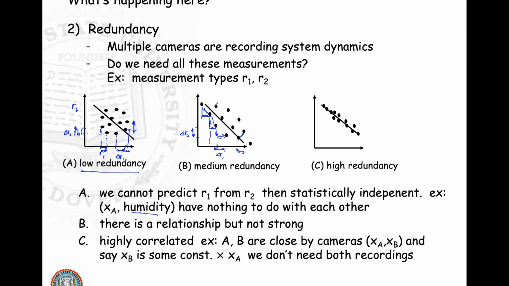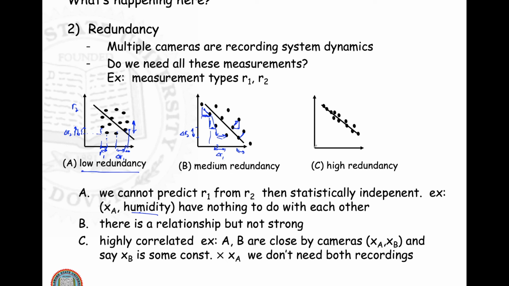But we also have here a little bit of a violation of that. We have an increase in R1 leads to an increase in R2. So we have a relationship, but it's not strong. Some of the time that relationship persists, but not all the time. So that's medium redundancy.